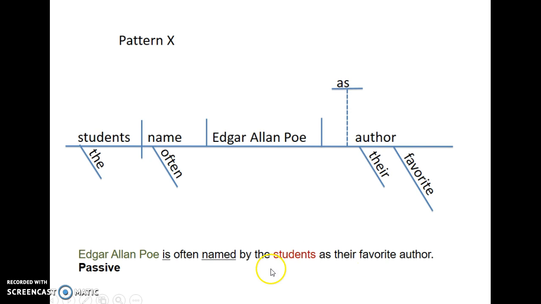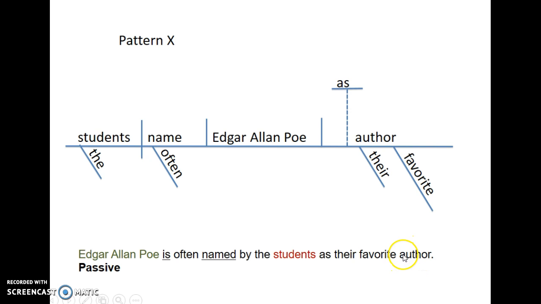So we have students. The noun here is our subject. Students name. This passive construction is in the present tense, as evidenced by the be verb. So we're going to keep it in the present tense. Students name Edgar Allan Poe as our direct object, and then we can finish the rest of the sentence as their favorite author.